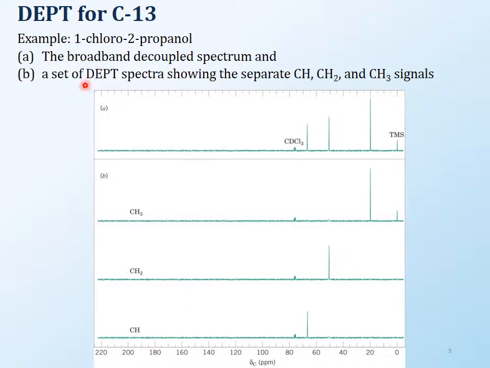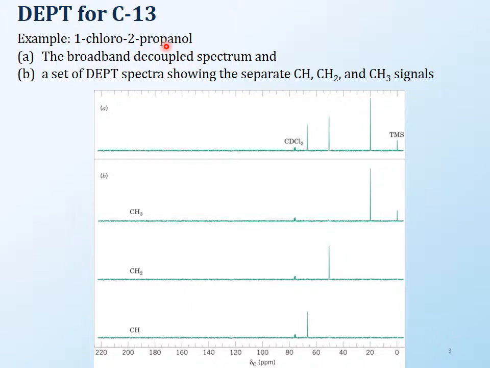This spectra here is very interesting because this is what we do for carbon 13. You cannot do this for protons, but you can do this very easily for carbon 13s, and this is called a DEPT. What a DEPT spectra does is separate out the primary, secondary, tertiary, and quaternary carbons. This one here is for 1-chloro-2-propanol.